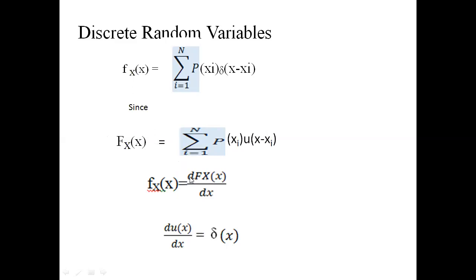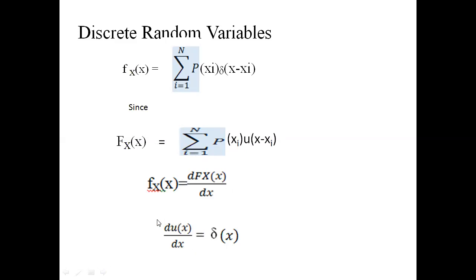So now we need the density function small fx of x, which is the derivative of the distribution function. In the summation from i equal to 1 to n, p of xi is a constant, so we keep it aside. The derivative is applied only to the unit step function.